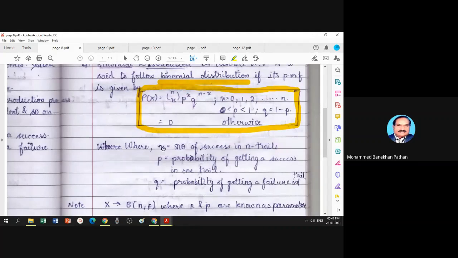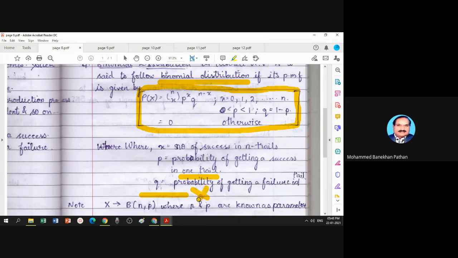Capital X is the number of successes in n trials. What does p stand for? Just now I told you p is the probability of getting a success in one trial. This is important. What is q? Probability of getting a failure in one trial. So at this stage, your definition is complete.